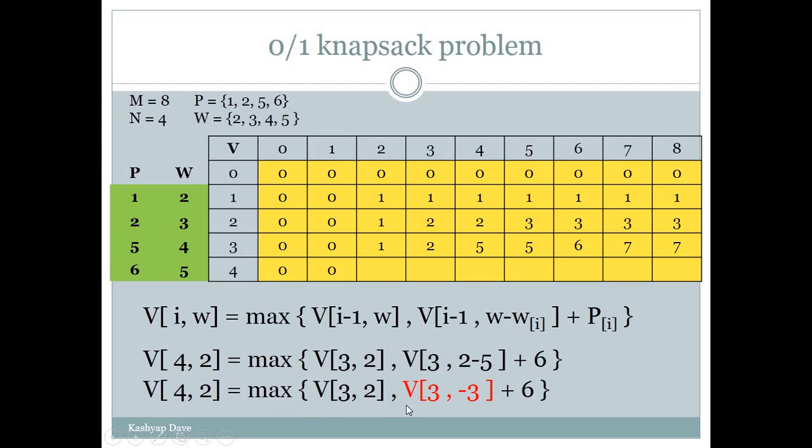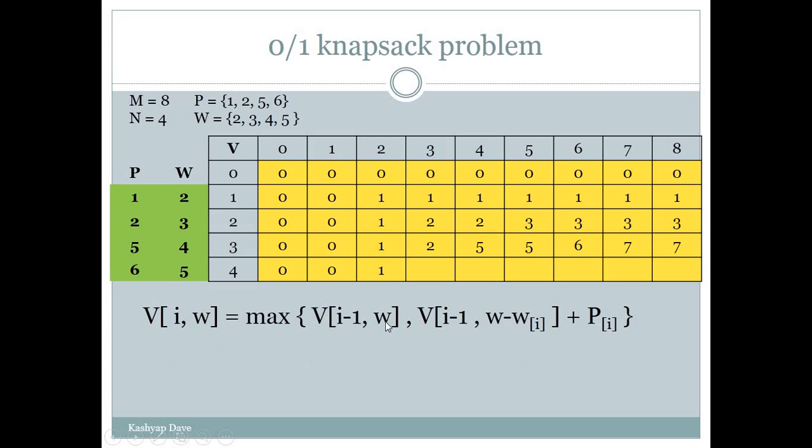So now again 3 comma minus 3, this place is not possible in this table, so we will consider this value only. So the value of row 3 and column 2, so 3 2 is 1, so at the place 4 2 we will put the value 1.